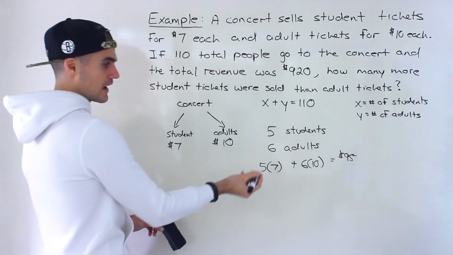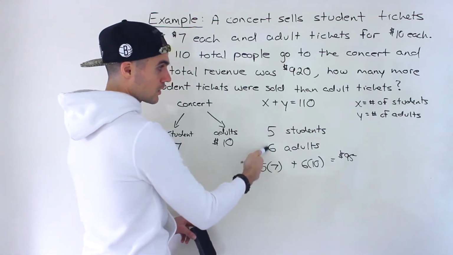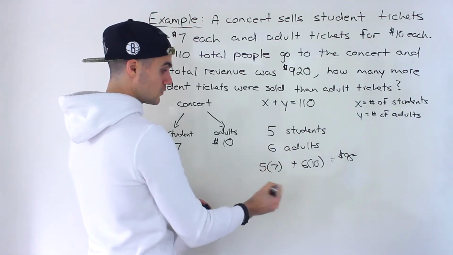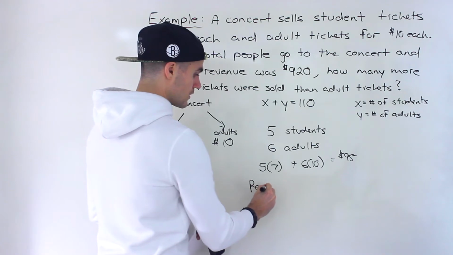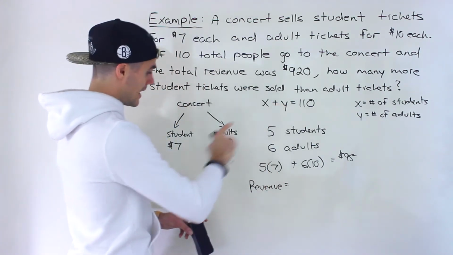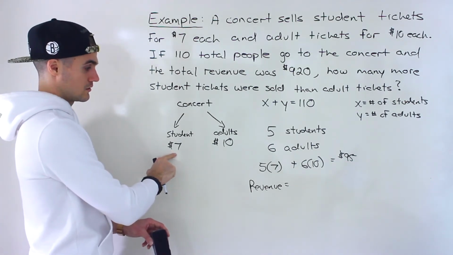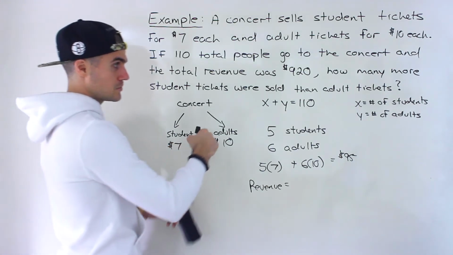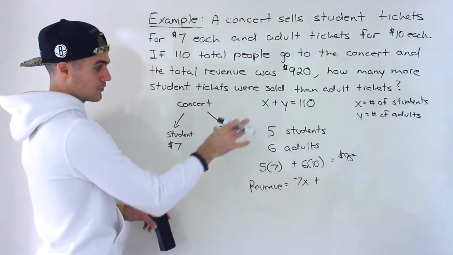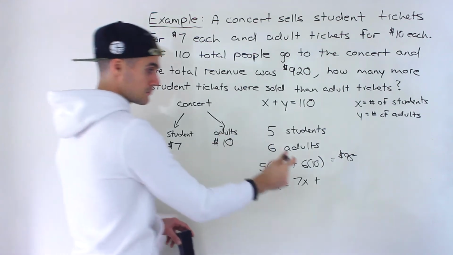And so if we generalize this more, these numbers I gave you here, we're actually solving for those numbers. The total revenue would be the number of students going times the student ticket price, so 7 times x, plus the number of adults going times the price per adult ticket, so plus 10y.